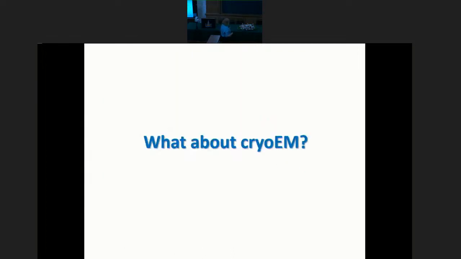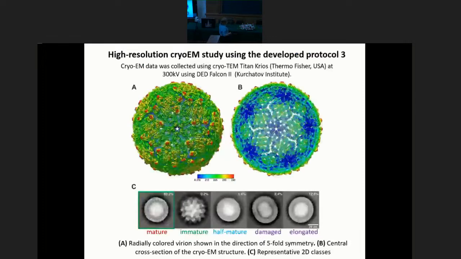But what about Cryo-EM? This question was raised by our referees when we submitted the paper to the journal. And they said, okay, you said you have a very good protocol, good sample, but how can your Cryo-EM structure look? So, we collected data from a sample which was produced using protocol 3, which was the best one.